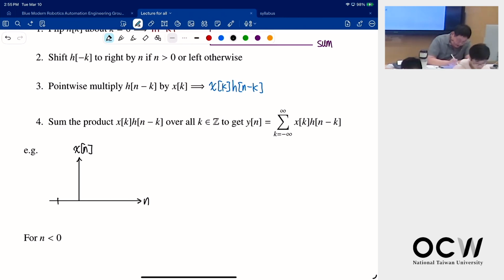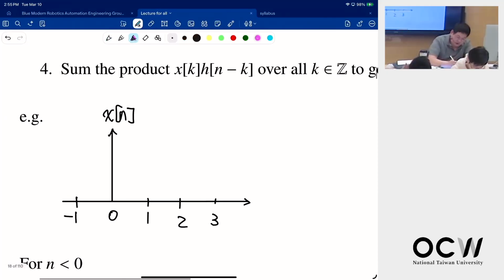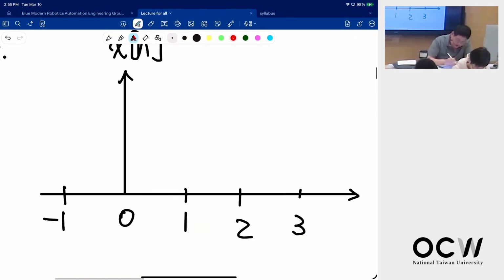My input is at minus 1, 0, 1, 2, and 3. Okay, and I have 1/2, and here we have 1, so 3/2.